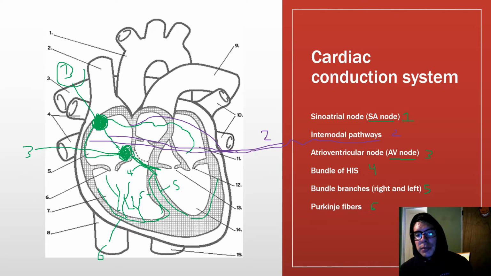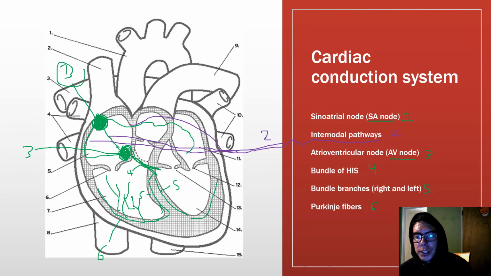That impulse then comes to the atrioventricular node, also called the AV node. Its density causes the impulse to slow and get the remaining blood down into the ventricles. It then goes down the bundle of His, divides into the right and left bundle branch, goes up the sides and through the Purkinje fibers to the individual cells of the ventricles, and then they depolarize and contract.